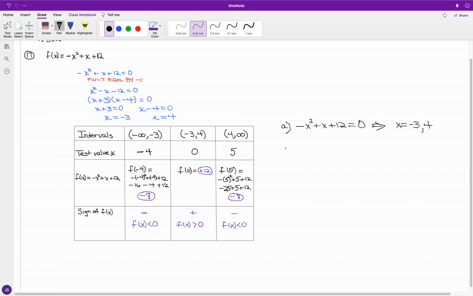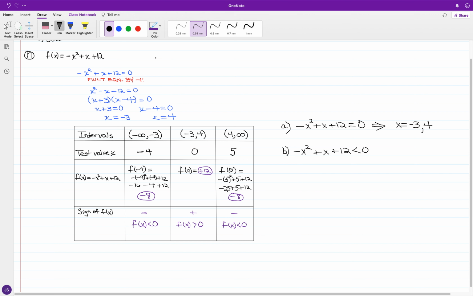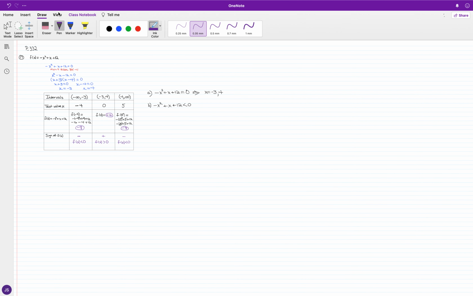And in terms of the inequalities, we have negative x squared plus x plus 12 is less than 0. With this function, we'll be looking at where f of x is less than 0.